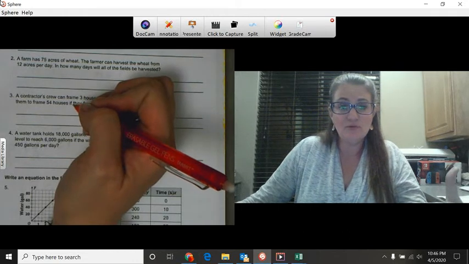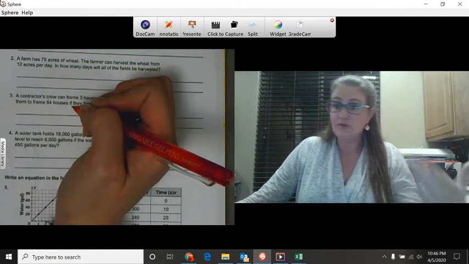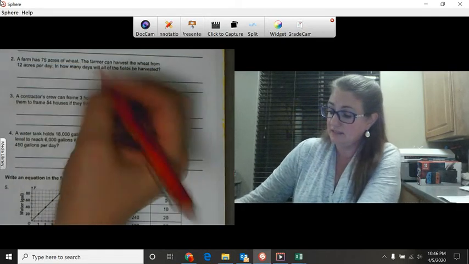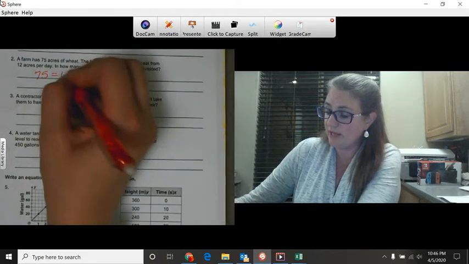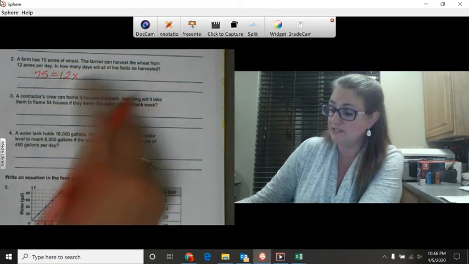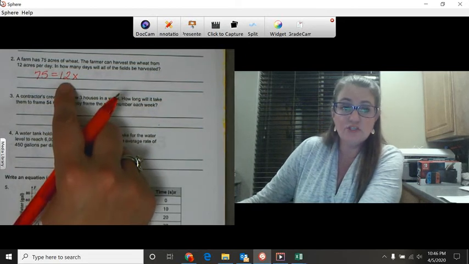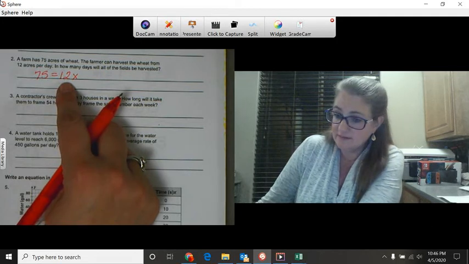And he's going to harvest it 12 acres per day. So we need to figure out how many days it's going to take. So he has a total of 75, and it's going to be 12 acres per day, which is our x. Because in 2 days, he can harvest 24. 3 days, 36. 4 days, 48.